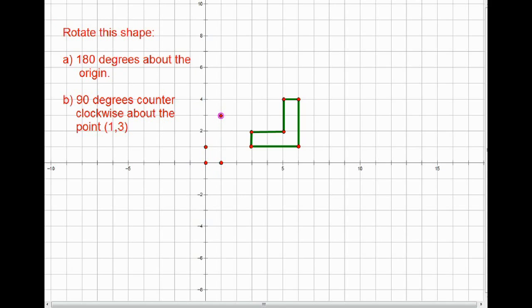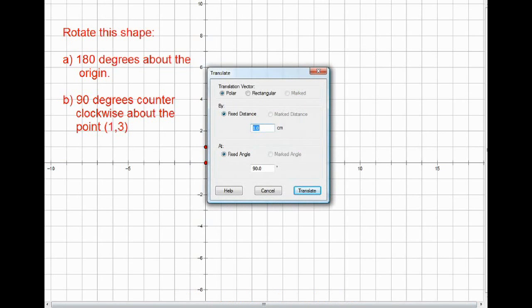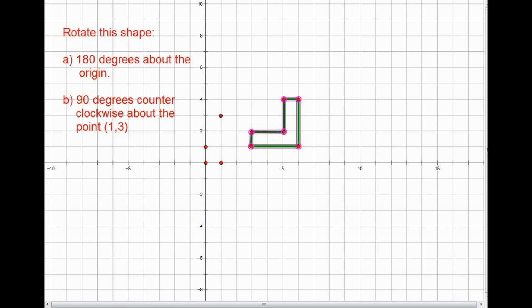I'm going to actually show you what your shape should look like when you do that. So when you rotate 180 degrees about the origin, it should end up looking something like this. So that should be your rotated shape there.